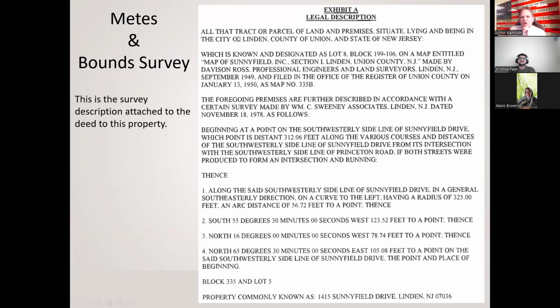So it says, all that tract or parcel of land and premises situated, lying and being in the city of Linden, county of Union, and the state of New Jersey, which is known and designated as Lot 8, Block 199-106, on a map entitled The Map of Sunnyfield Incorporated, Union County, made by Davison Ross Professional Engineers and Land Surveyors, September 1949, and filed in the office of the Register of County on January 13, 1950, in whatever map number.